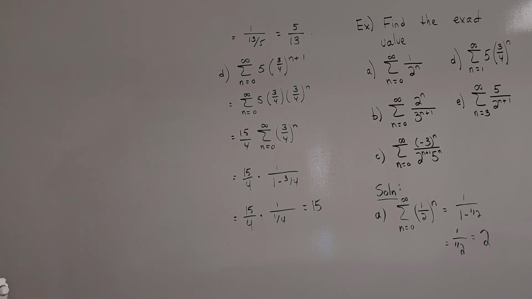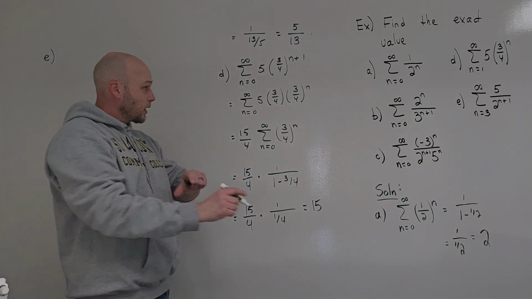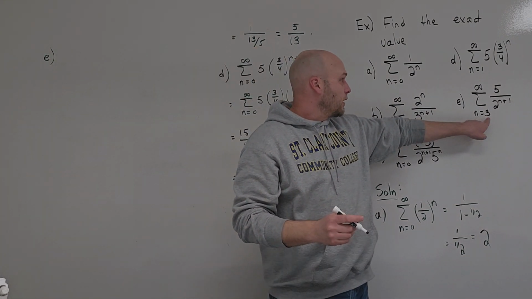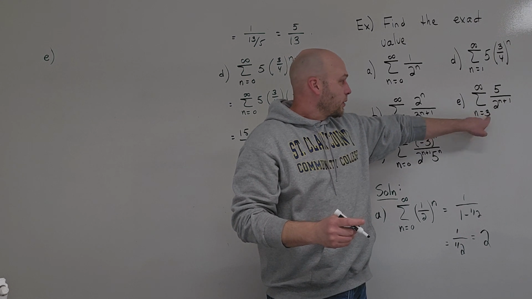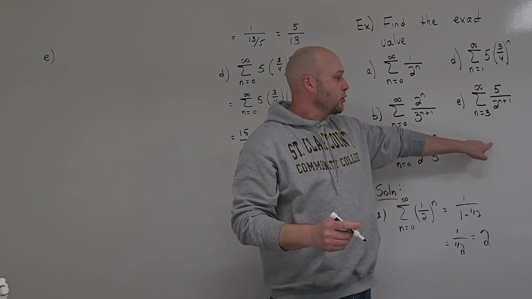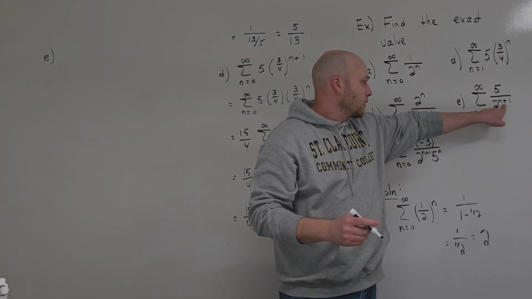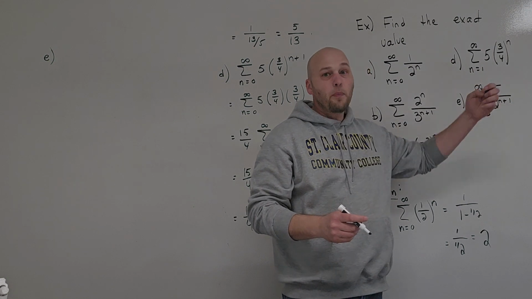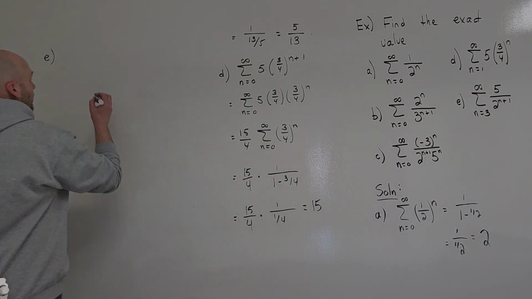Okay, so part E, find the screen here, about right there will work. Well, what do I have to do in this case? Once again, I'm going to have to shift the index here. I have to bring this down to 0, so from 3 down to 0, that means that index variable is going to have to go up by 3. All right, this gives me the following.